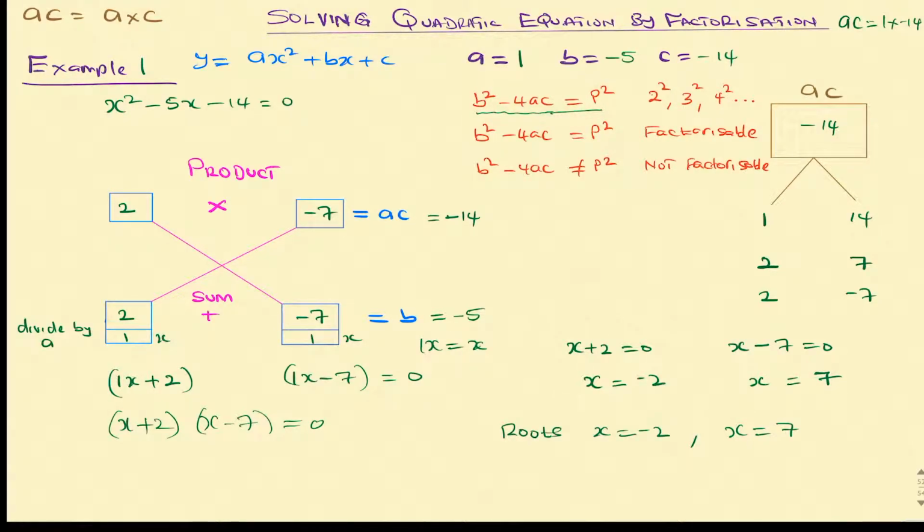If b squared minus 4ac is equal to p squared, a perfect square, then it's factorizable. If it is not equal to p squared, it is not factorizable. But in this case, because we're told to solve by factorization, most likely it is factorizable.